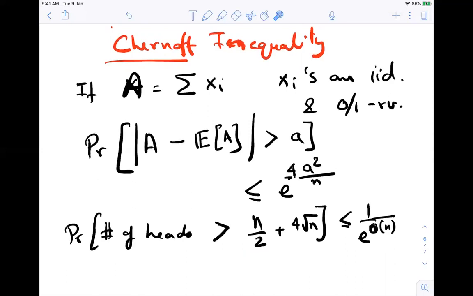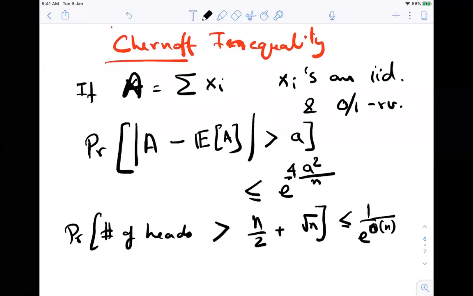Can you imagine? That means if you are tossing 100, in fact, you don't need this fourth thing also. I think you can get rid of this 4 also if you do this whole calculation properly. So what it means is that if you are tossing 10,000 coins, on average you should get 5,000 heads, but almost always you can say that the chance that you are getting more than 5,100 heads is very low.